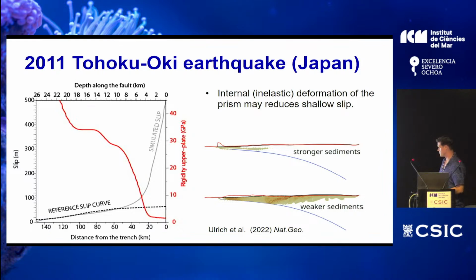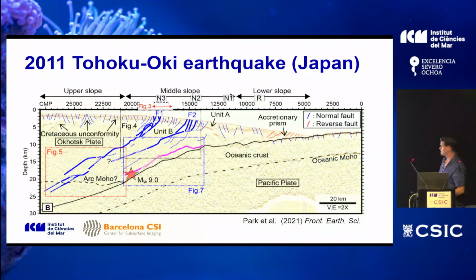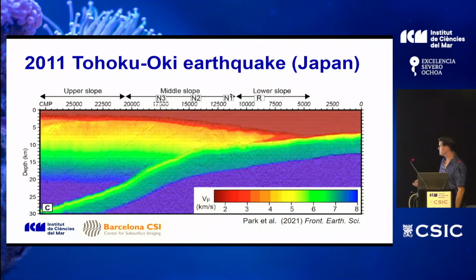So the idea here is that we know there is a weak accretionary prism with very low velocity and low rigidity that spans 20 kilometers along the fault. So the idea is to consider a simulation that takes into account this rigidity-dependent plasticity in order to evaluate the role of this structure in the dynamics of the earthquake.